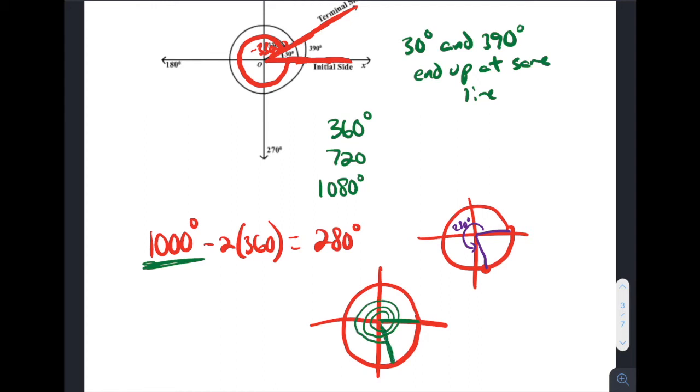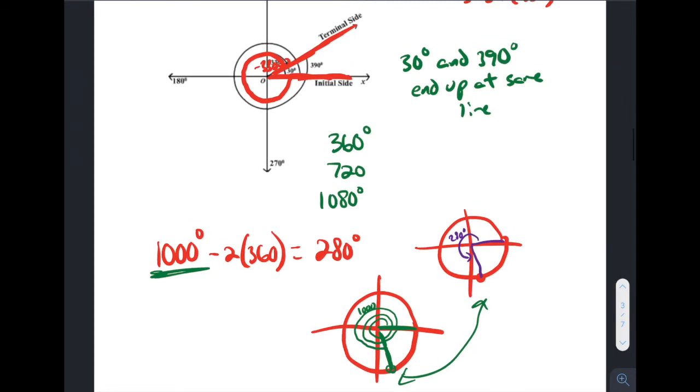This would be all my 1,000 degrees, just where I'm ending, notice, in the exact same spot as this one right here. They both have terminal sides that are in the same spot, which means that their sine values, cosine values, tangent values would all be equivalent to each other. That's nice. We can do the same technique of either adding or subtracting whole circles with radians or degrees.